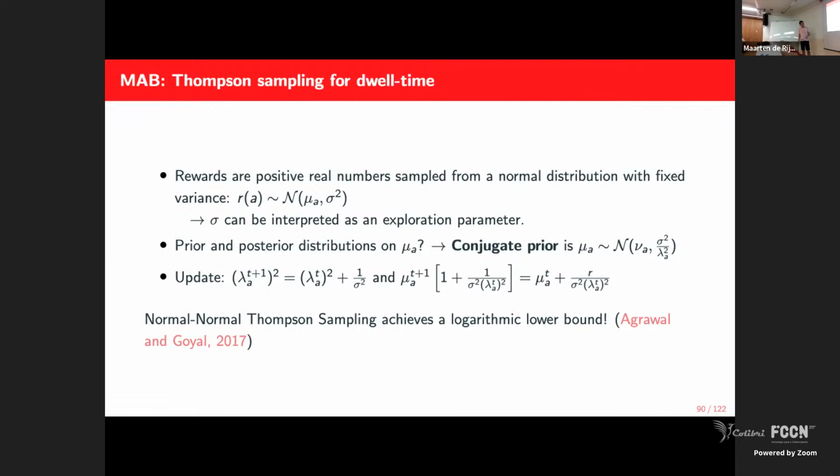And one way to see that parameter is to say that it's an exploration parameter. Because if this is close to 0, the values of rewards will be very concentrated around the mean. So you don't need a lot of trials in order to get a pretty good estimate of that mean. But if it's a very big parameter, it's very spread out, and so you need to try a lot of times. So that's one way to interpret it.